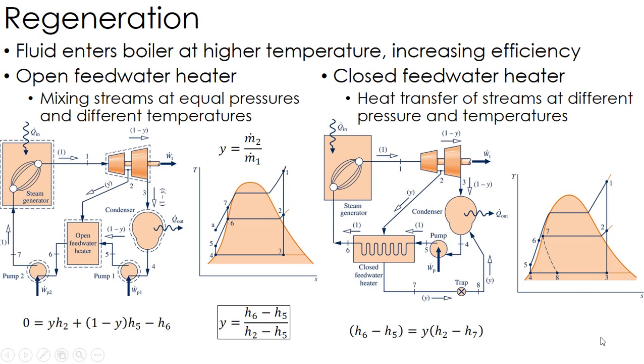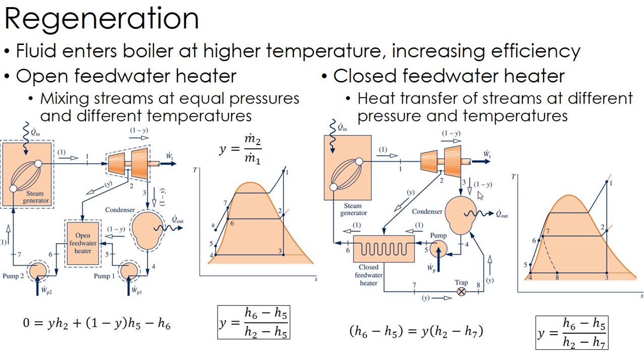What's going through 5 and 6 is the total mass flow. 5, 6, 1, that's all the same mass flow. 2, 7, 8 has this smaller percentage, and then whatever's left over is at state 3, they mix back in with the condenser. So you've got these different mass flows of the streams. Basically, Q out of one equals Q in of the other. Solving that for y, I can find the percent that's being pulled off.